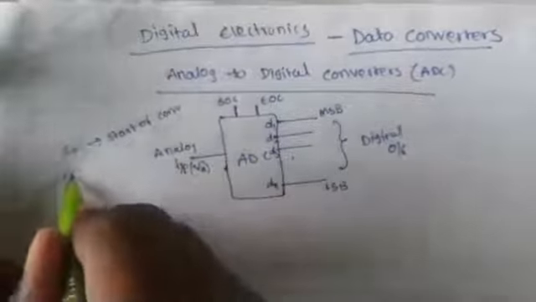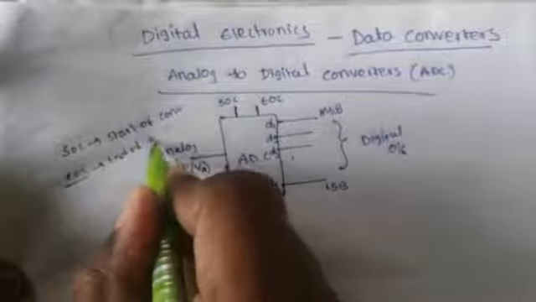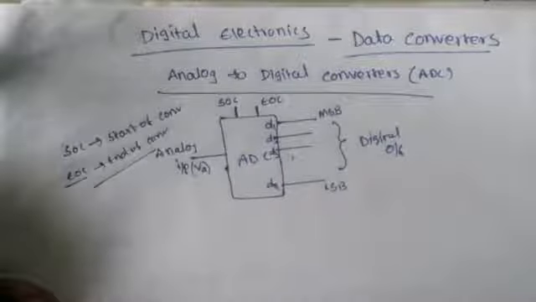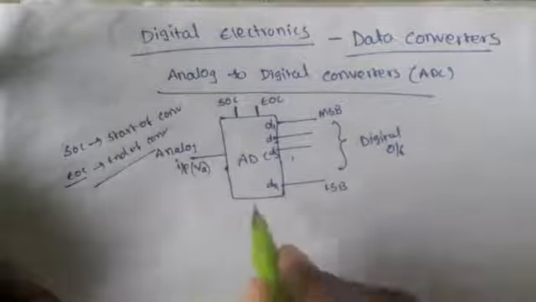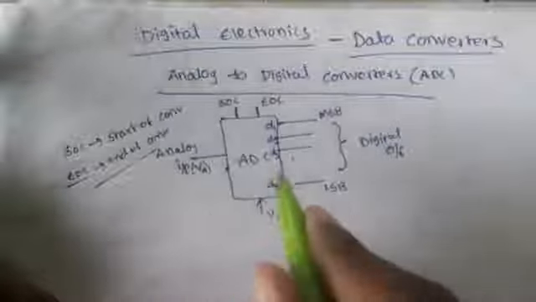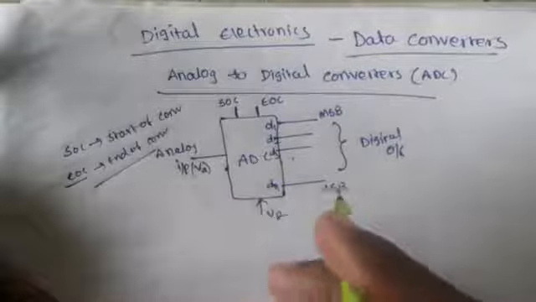And EOC means end of conversion. The start of conversion button and end of conversion button, these two buttons will be accessed, and the reference voltage is applied to the block diagram. Based on this, the analog input voltage will be converted into the digital word.